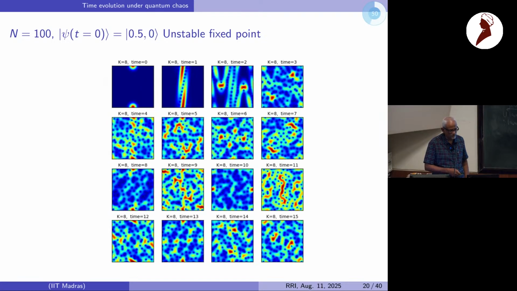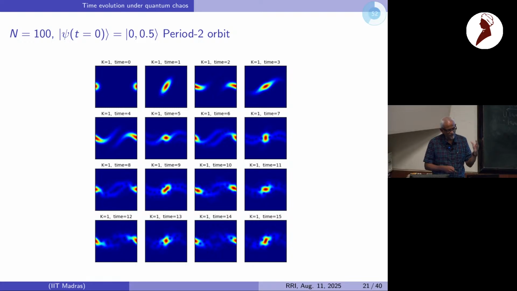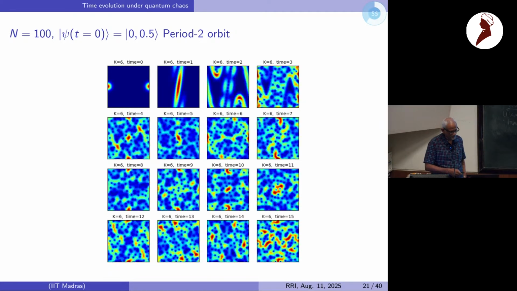It's not as if that's the only feature. So a typical eigenstate, even one which is scarred, will have some random background to it, as well as these kinds of classical structures.